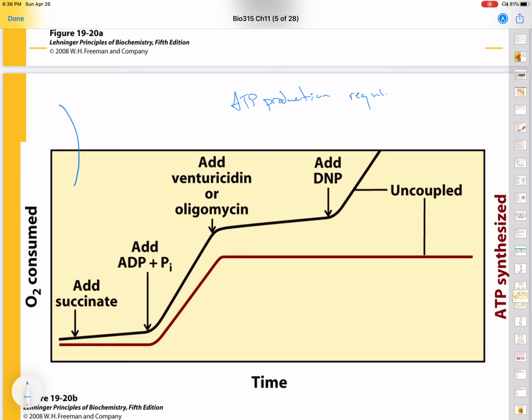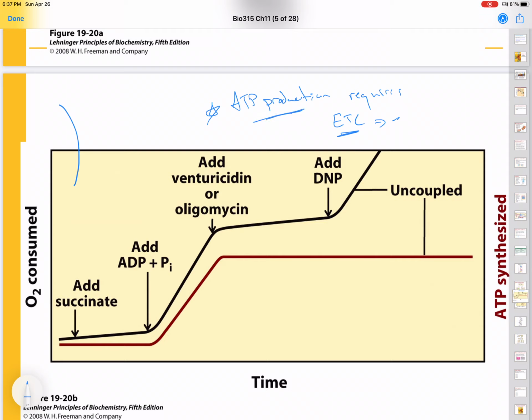requires the electron transport chain, right? And that makes sense, because the electron transport chain is making the proton gradient that is allowing for ATP to be produced. So this is something that hopefully everyone understands if we've been keeping up. You need the electron transport chain in order to get ATP production.